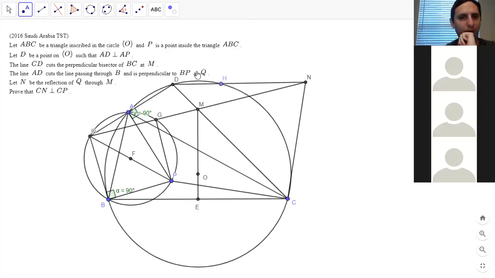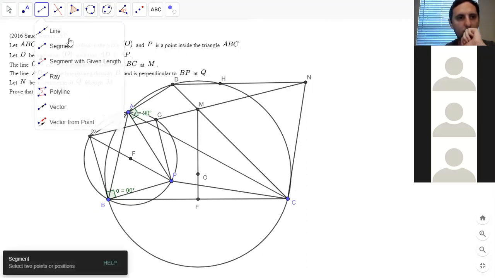Yeah, I really want to draw this point. I just don't know what it does. Why?